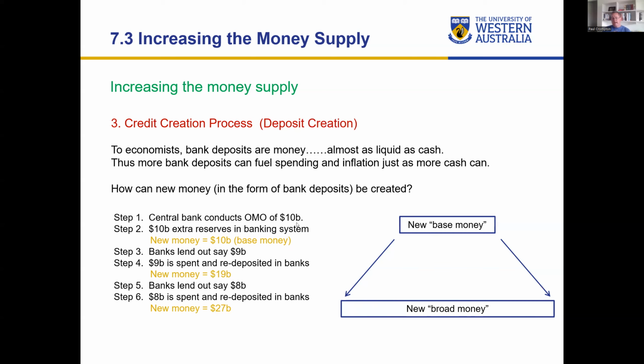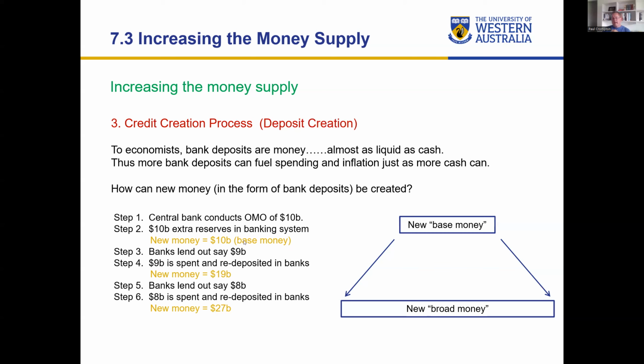So the new base money was the $10 billion, which was injected in the form of an open market operation. Now, yes, that $10 billion ended up as a bank account deposit, but because it was a bank account deposit created by a central bank transaction involving new money entering the economy, it's defined as base money.